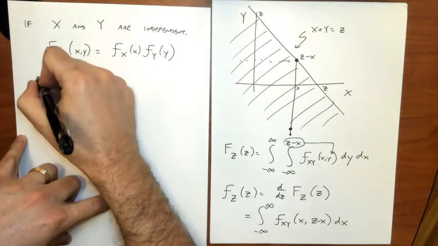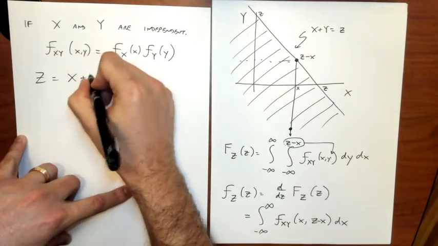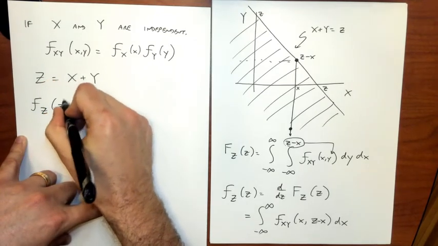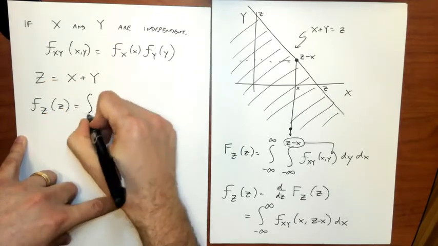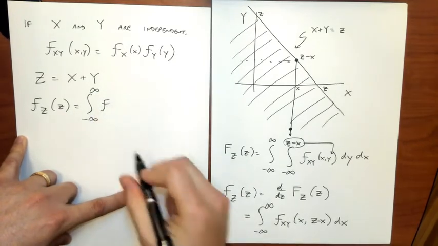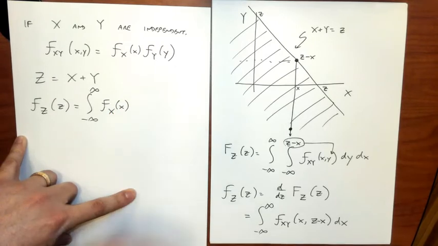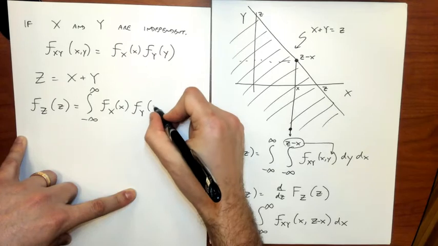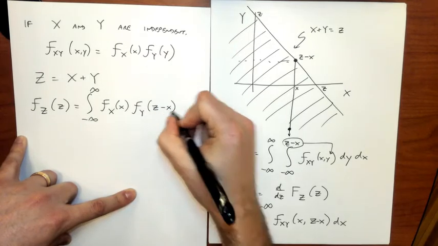So the PDF of the sum of these two independent random variables would be equal to, I'm going to plug in what I know here. This is the part that involves x, and this is the part that involves y.